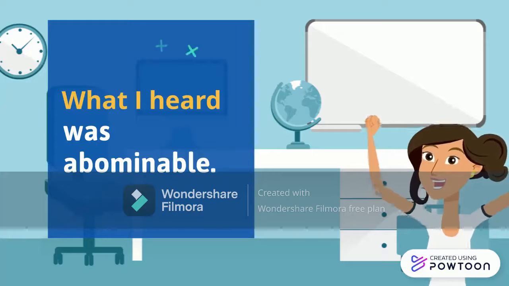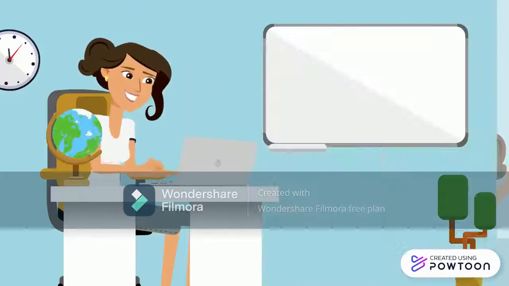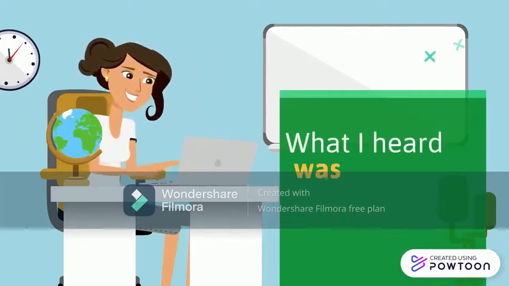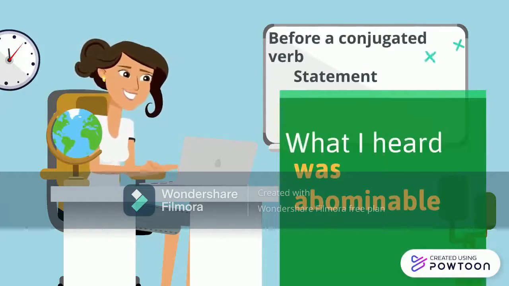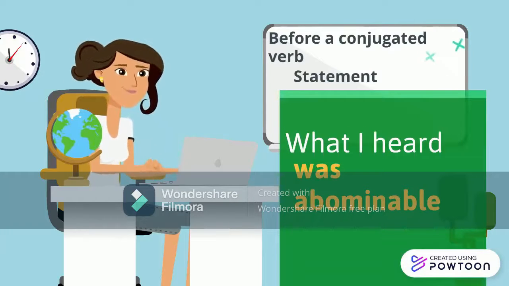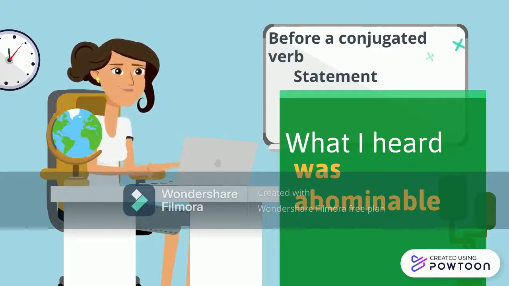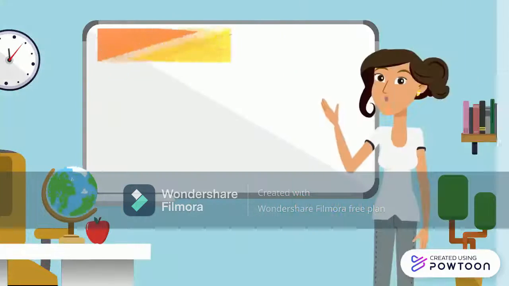This noun clause is the WH clause type and has the function of the subject. We find it in the context before the conjugated verb, which is was, and it has the use of a statement.